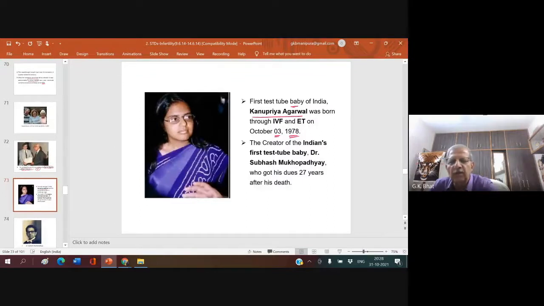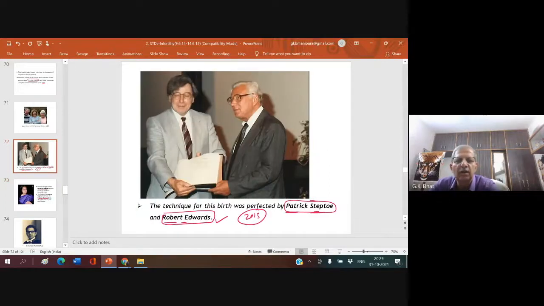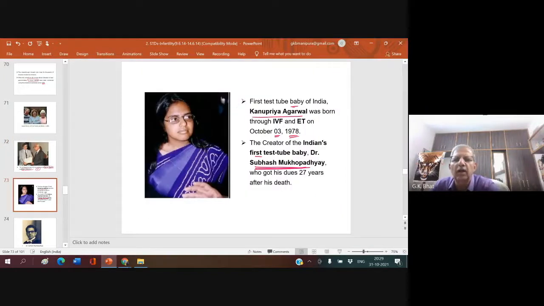That means the creator of India's first test tube baby, Subhash Mukhopadhyaya, did the experiment when Patrick Steptoe and Robert Edwards did their experiment. At the same time, Subhash Mukhopadhyaya also did it, without knowing what they were doing.